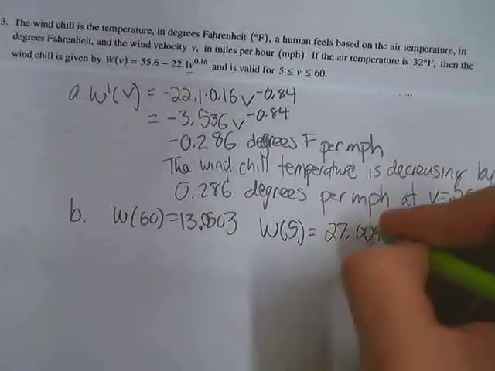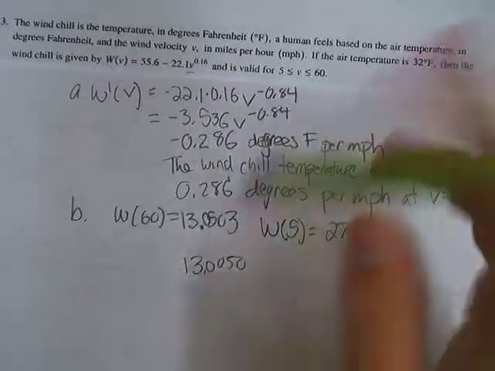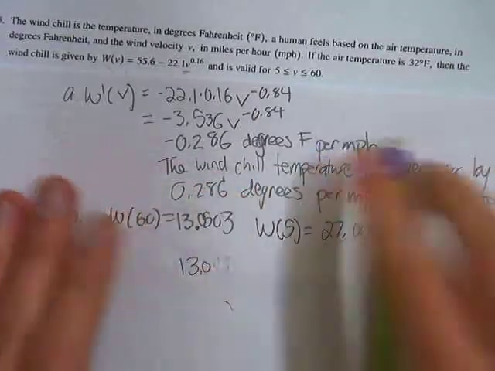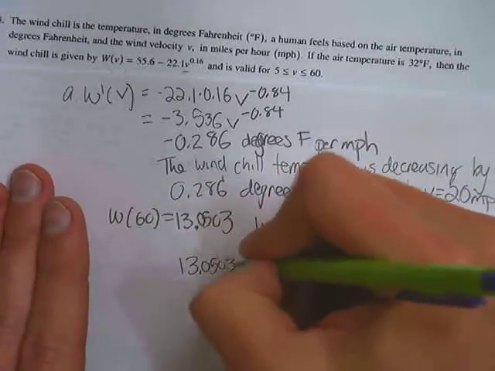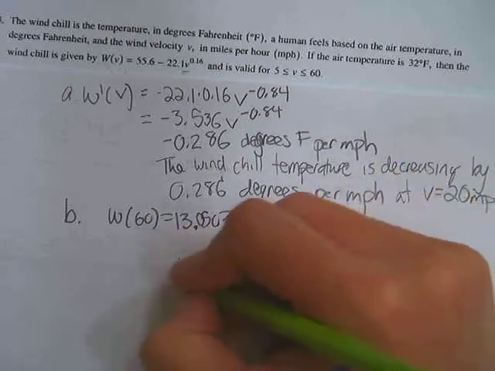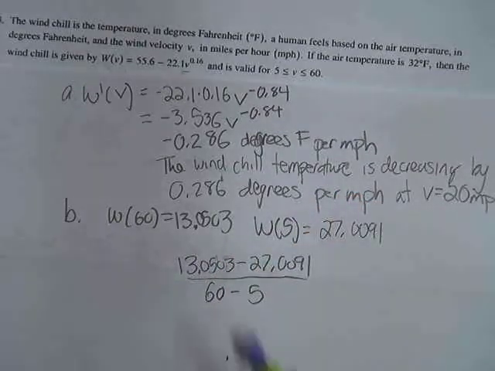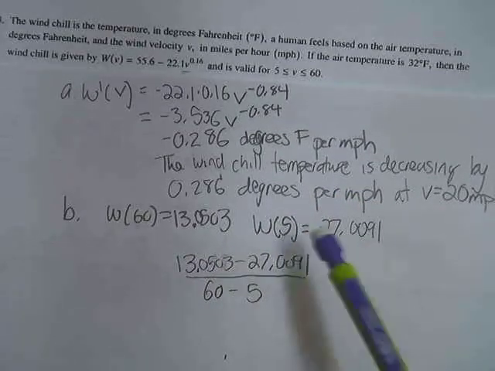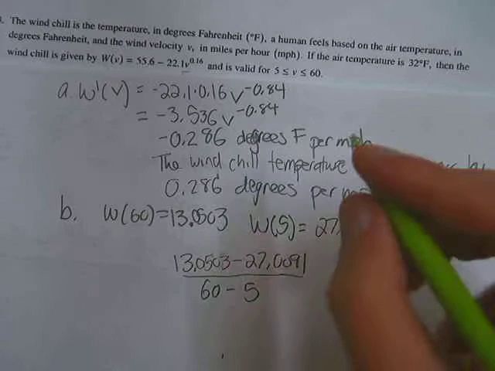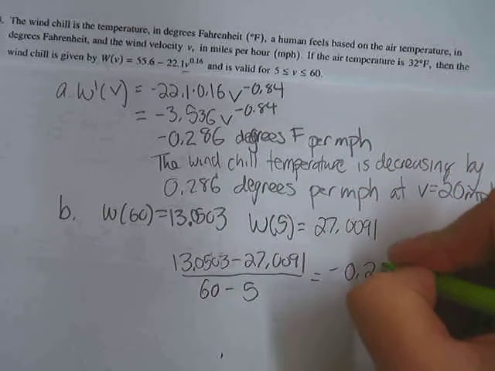All right. Our next idea is, well, we're finding average rate of change, so we're going to do y2 minus y1: 13.0503 minus 27.0091 over 60 minus 5. So this is the wind chill at 60 minus the wind chill at 5, over 60 minus 5.